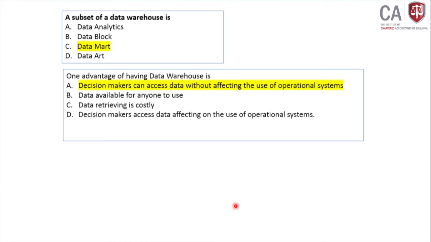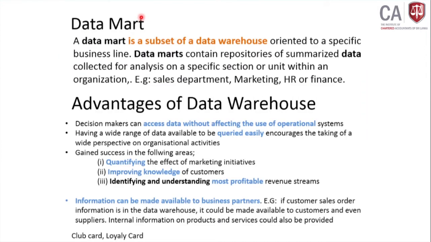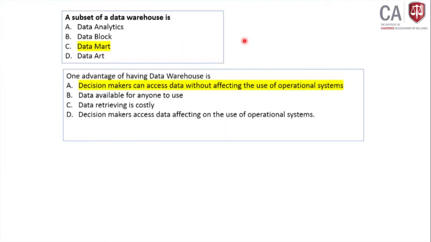A subset of a data warehouse is what? Data mart. In here we call a subset of a data warehouse a data mart. It is a question here. One advantage of having a data warehouse is what?